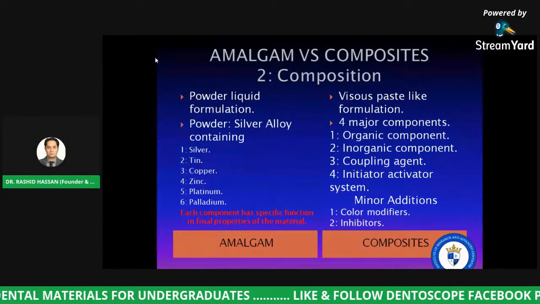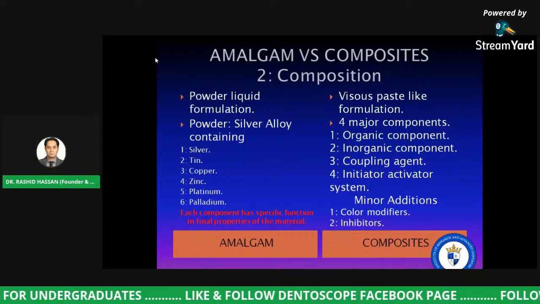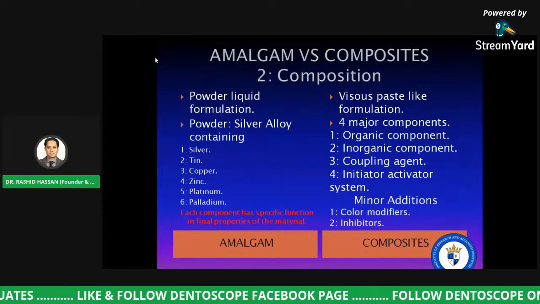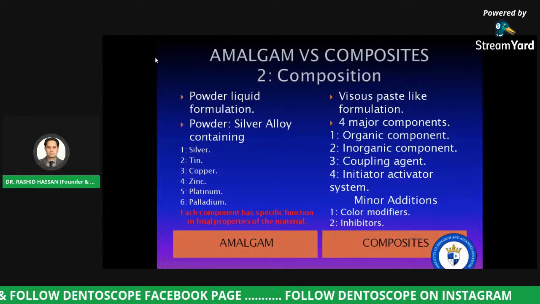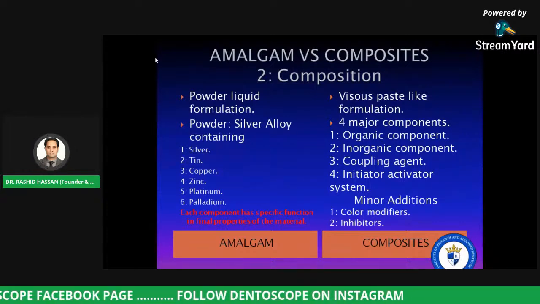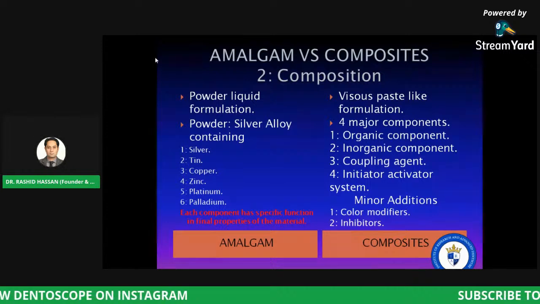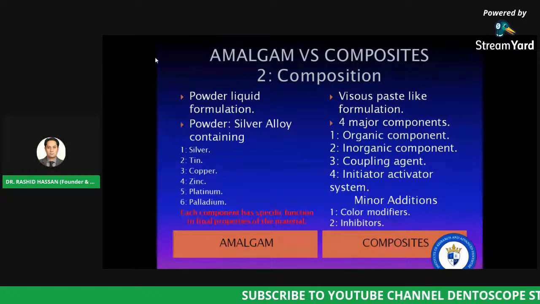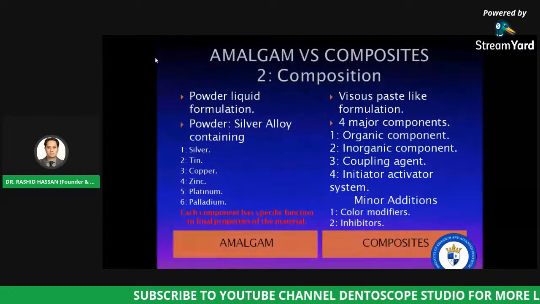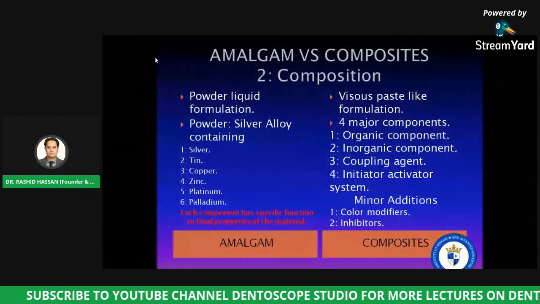So in order to set dental composite, we need an initiator activator system: the initiator system to initiate the polymerization reaction, and the activator system to activate the active polymer sites in the dental composite, right? So the initiator activator system is very important in dental composite.